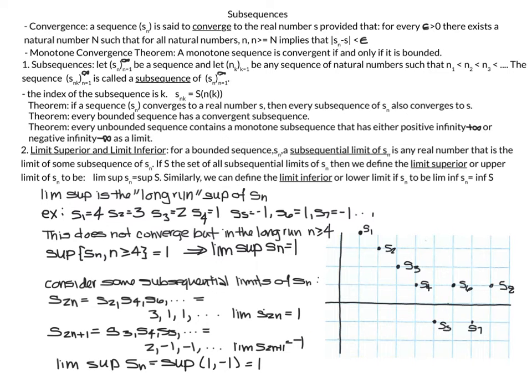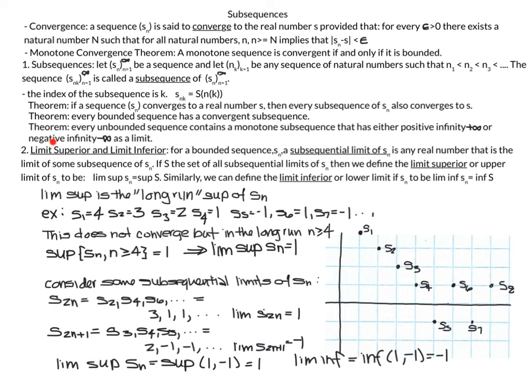So the lim sup of this sequence, Sn, is the sup of 1 and negative 1, which is equal to 1. Similarly, lim inf would be equal to negative 1.